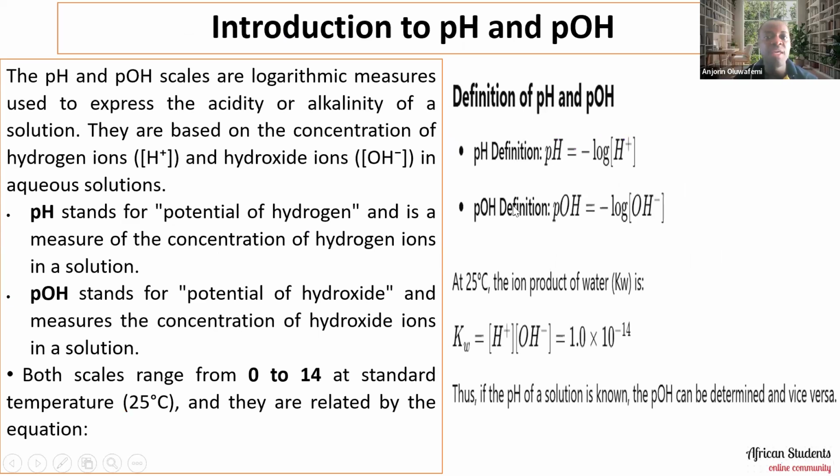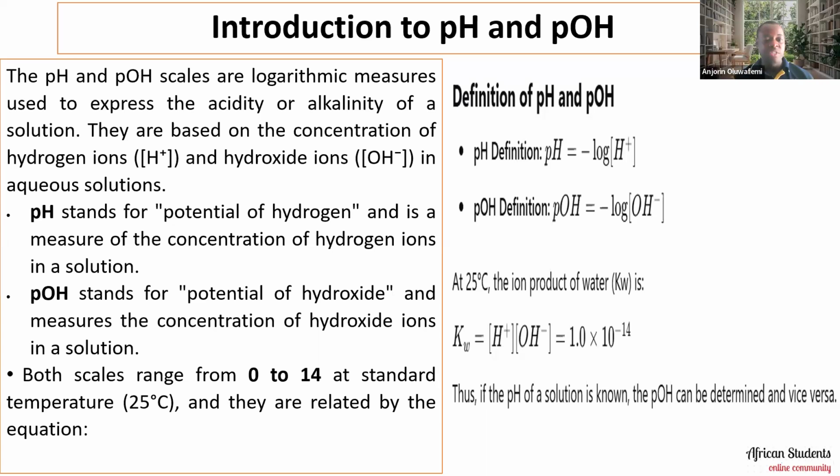We talk about pH and pOH. Now, the pH and pOH scales are logarithmic measures used to express the acidity or alkalinity of a solution. They are based on the concentration of hydrogen and hydroxide ion in aqueous solution. pH stands for potential of hydrogen and is a measure of the concentration of hydrogen ion in a solution. pOH stands for potential of hydroxide and measures the concentration of hydroxide ion in a solution.